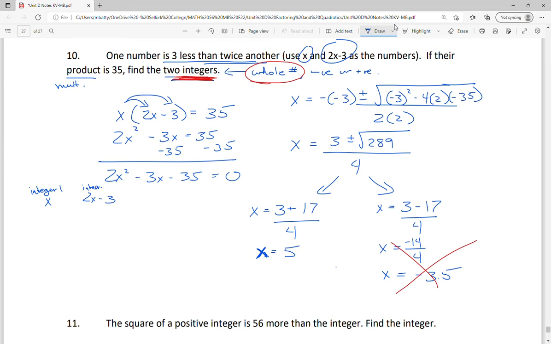Can't spell integer. So we'd have 5, and then 2 times 5 minus 3, or 7 as my other number. So the numbers are 5 and 7.